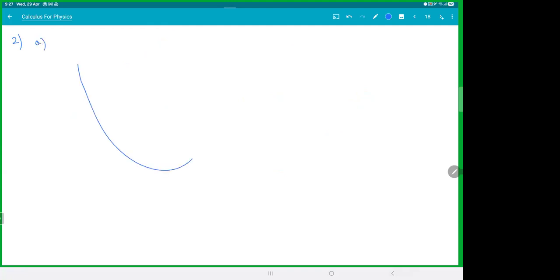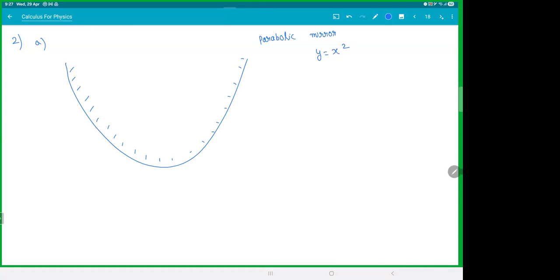Let's say we have a parabolic mirror. So this is called a parabola. It looks like this, a parabolic mirror. The equation of this mirror is y is equal to x square. So someone constructed a mirror which is a parabolic mirror.